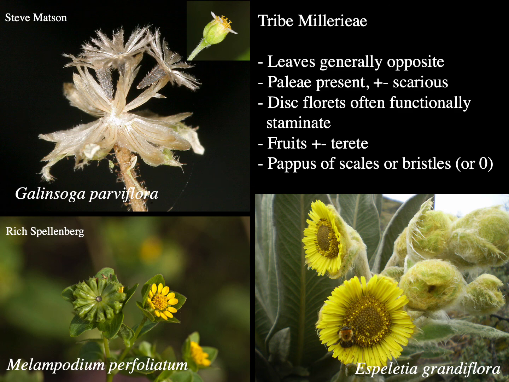This group, the Millerieae, also has some strange innovations. For example, in the Melampodiinae, that subtribe, we have dimorphic phyllaries, as in Coreopsids, but the inner phyllaries in Melampodiinae are actually fused to the ovary wall, as you can see in this Melampodium in the lower left.